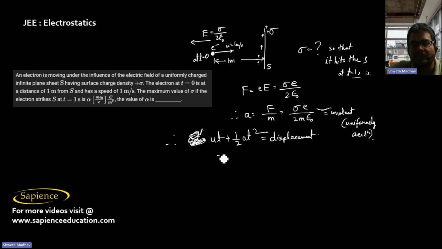So the displacement of the electron is 1 meter, that is equal to ut. U is 1 and time is also 1. In time 1 second only, the displacement should be 1 meter, it has been told. So plus half at square, where half a is sigma e by 2 m epsilon naught, into t square, which is 1.